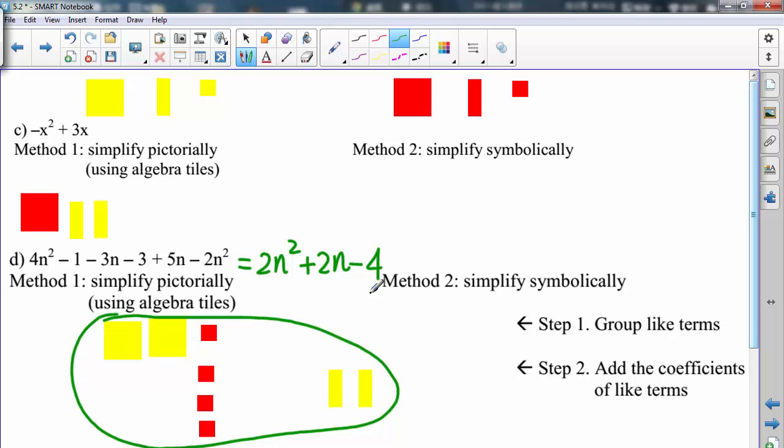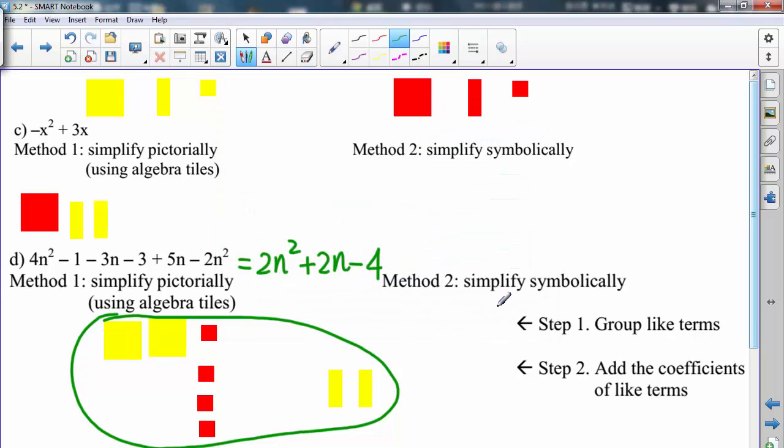So that's how I can use the algebra tiles to simplify such a complex polynomial with 1, 2, 3, 4, 5, 6 terms into a 3-term polynomial. This 3-term polynomial is also called a trinomial.